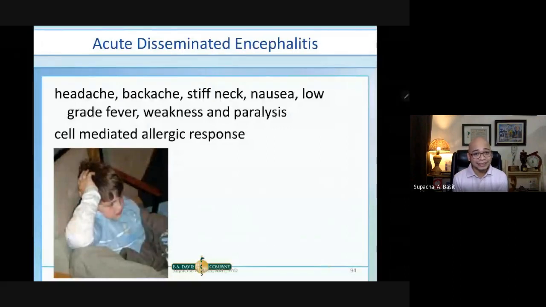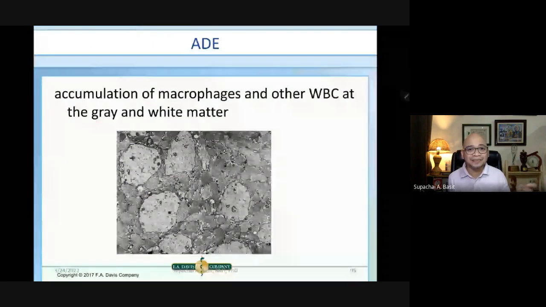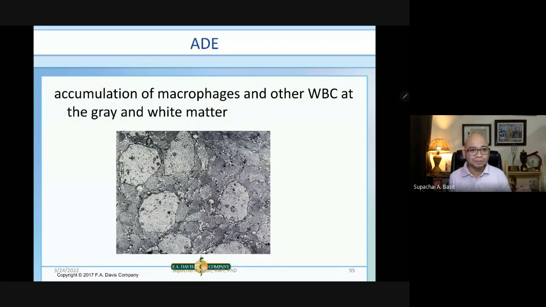And another example is acute disseminated encephalitis. So it is another example of autoimmune disease characterized by headache, backache, stiff neck, nausea, low-grade fever, weakness, and paralysis. So this time it is characterized by a cell-mediated allergic response. So acute disseminated encephalitis is also characterized by accumulation of macrophages and other WBCs at the gray and white matter.